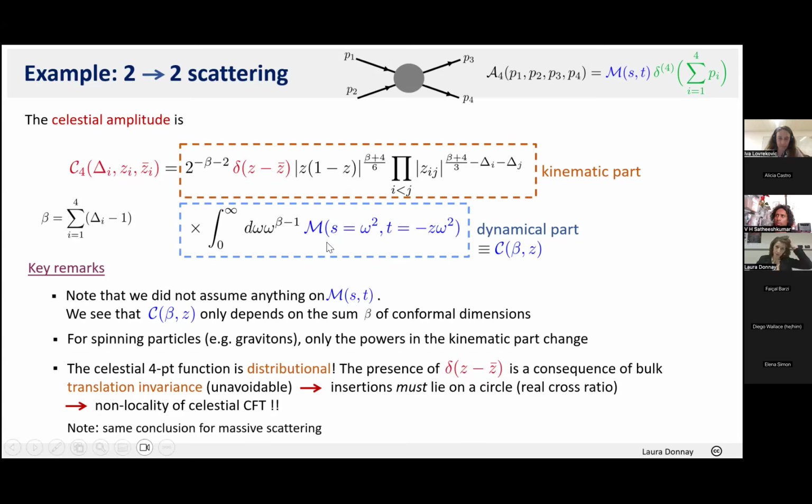Then he will look at you with a very weird face because it doesn't look like a standard CFT. So this is one of the signals that celestial CFT has, if you wish, an unconventional feature: the distributional aspect. I'm going to comment more on how you can still make sense of it. There are still nice features about that, but this is an important aspect of celestial CFT.